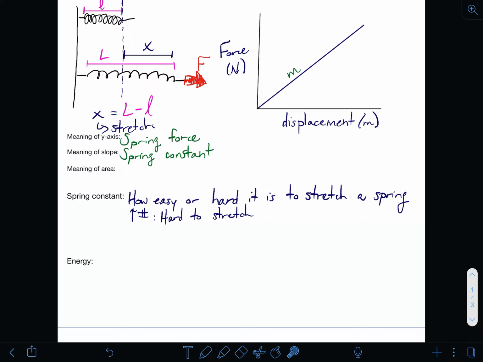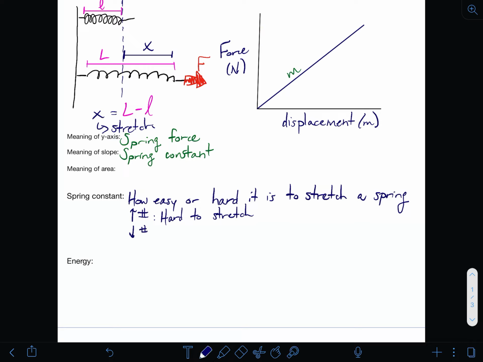That's what these high numbers for spring constants would be describing, a really steep slope. What that's telling us is that in order to achieve a certain displacement, we would have to exert a huge amount of force to make that happen. So that would be describing something that's really hard to stretch.